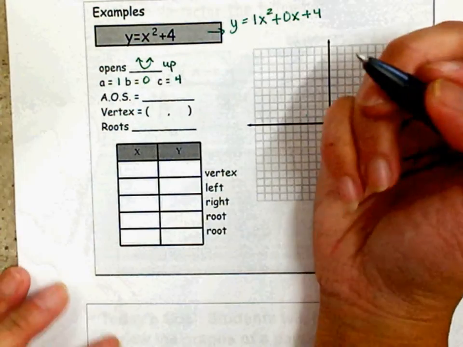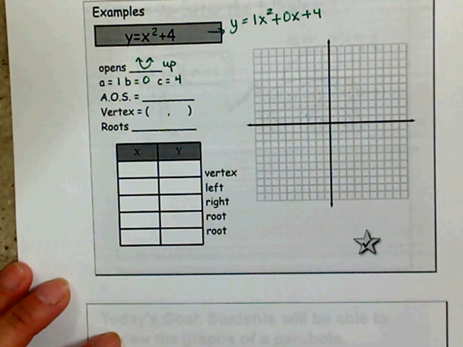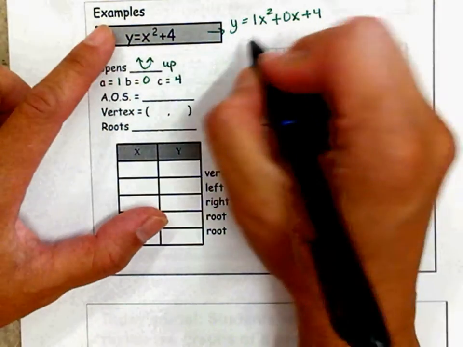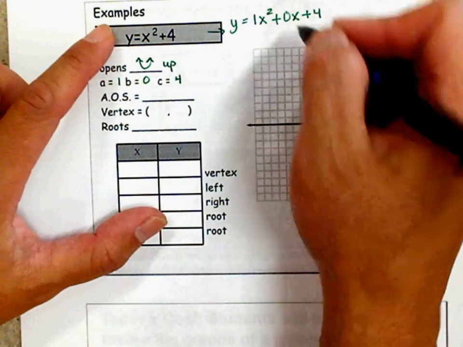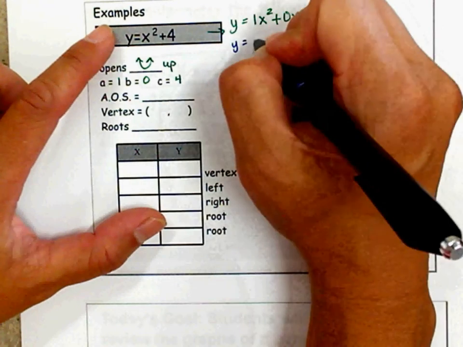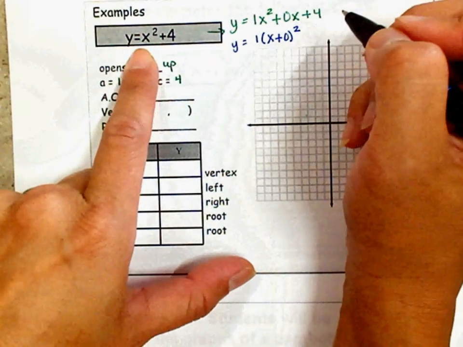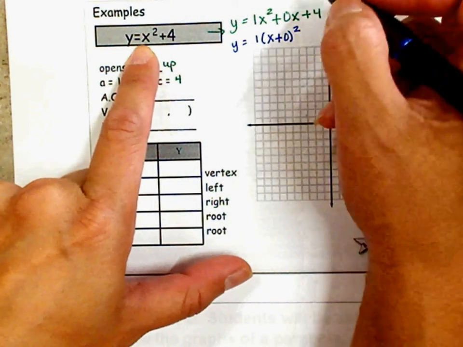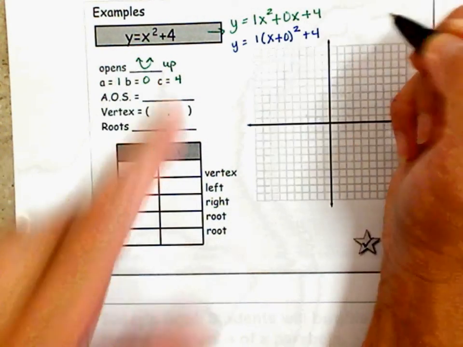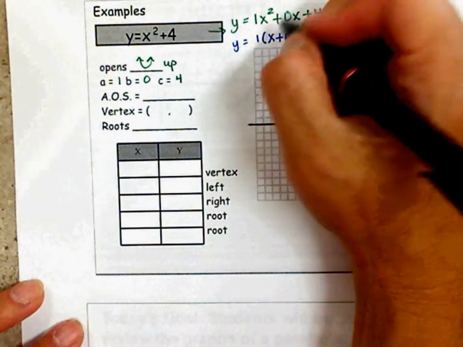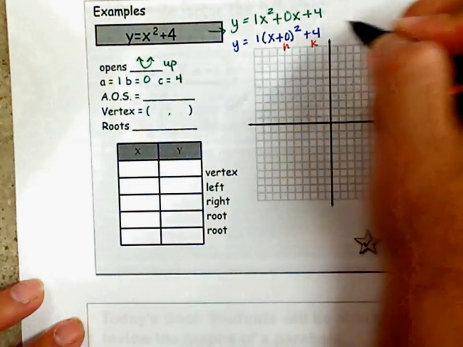You can write it like this, but here's another way you could have written it: 1(x plus 0) squared plus 4. There's no 0, you don't write the 0. So here's your H and here's your K: 0, 4. So axis of symmetry is 0.